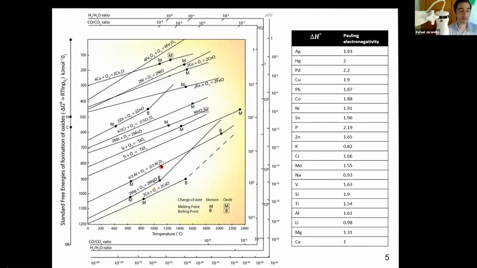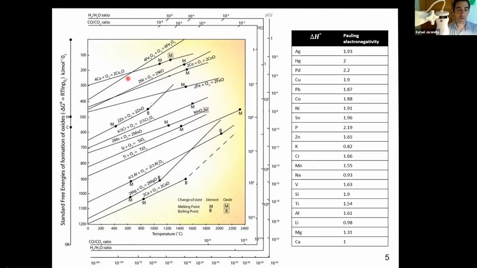Aluminum is a very energetic oxidation reaction, but we know it forms a passivating oxide. So you don't have exploding aluminum all over the place. You have almost instantaneous formation of aluminum oxide on the surface of aluminum. Titanium, silicon, manganese, chromium. So this is a limited Richardson diagram, Ellingham diagram, because it only shows about a dozen or so metals. Of course, you can get very, very busy plots.